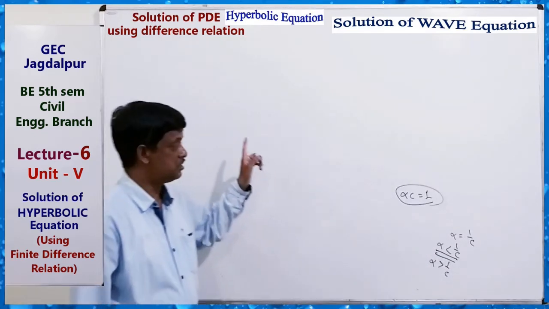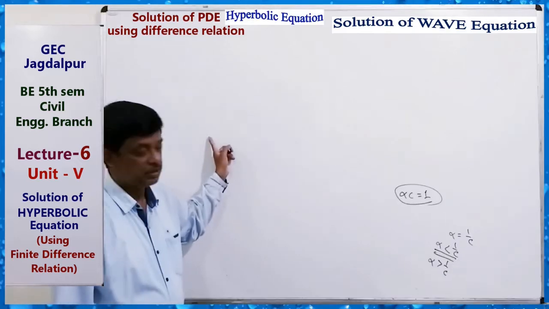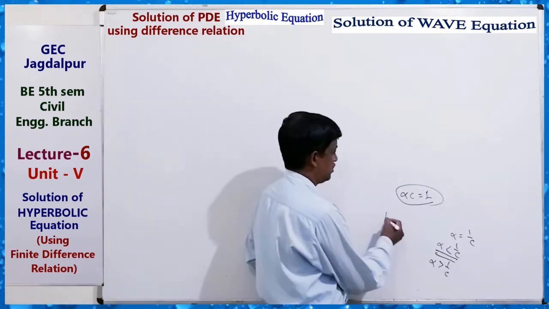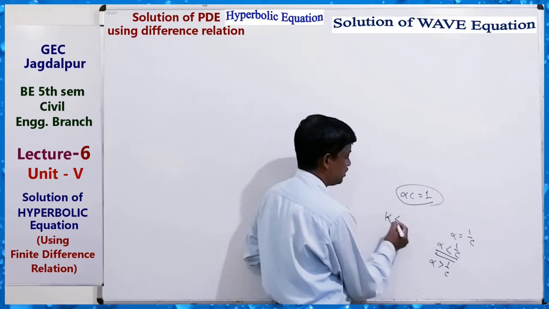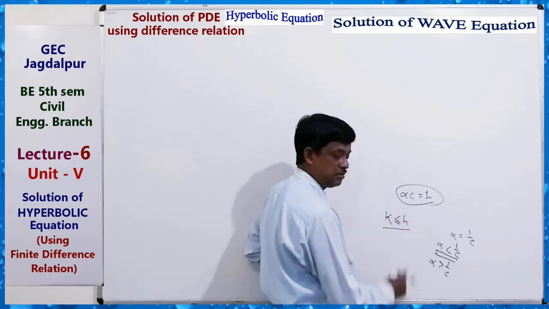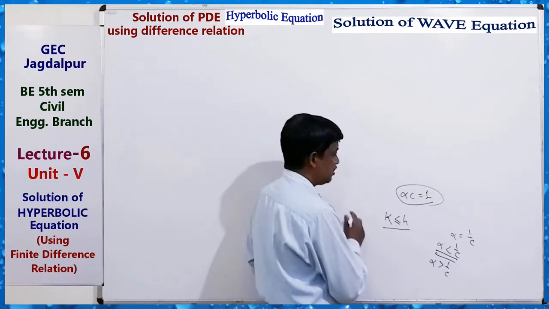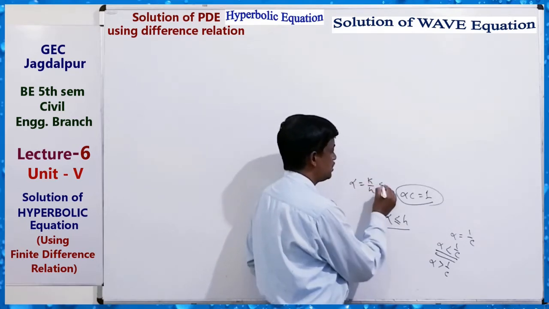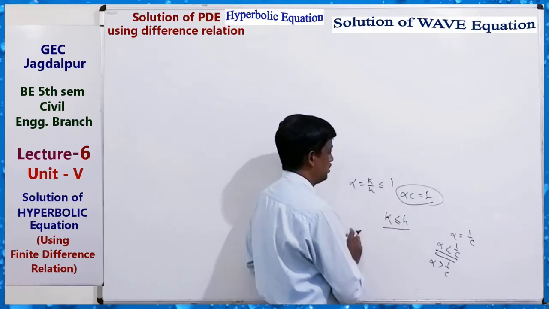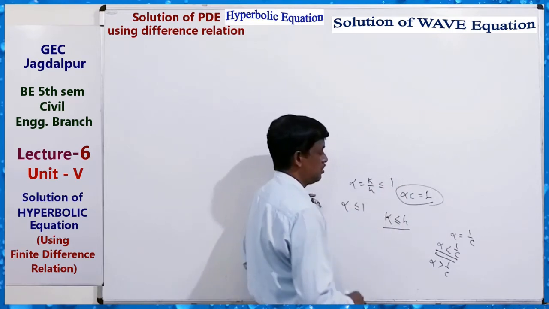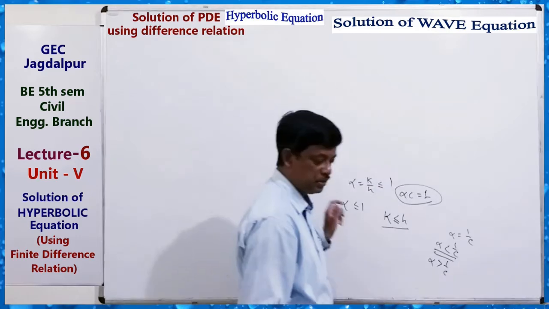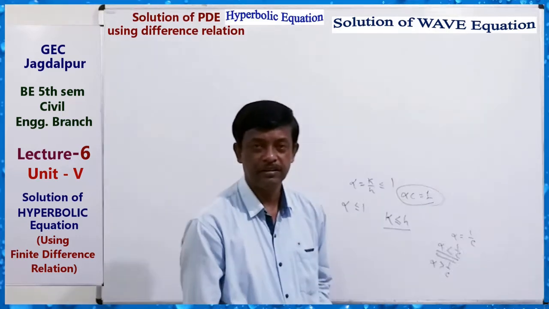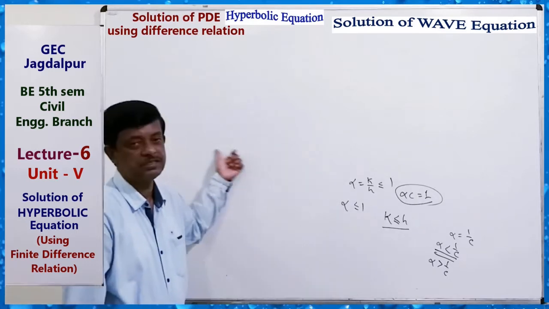For the convergence of the explicit formula, k is less than or equal to h. K less than or equal to h means alpha equals k by h is less than or equal to 1. So if alpha is less than or equal to 1, then our formula is convergent.